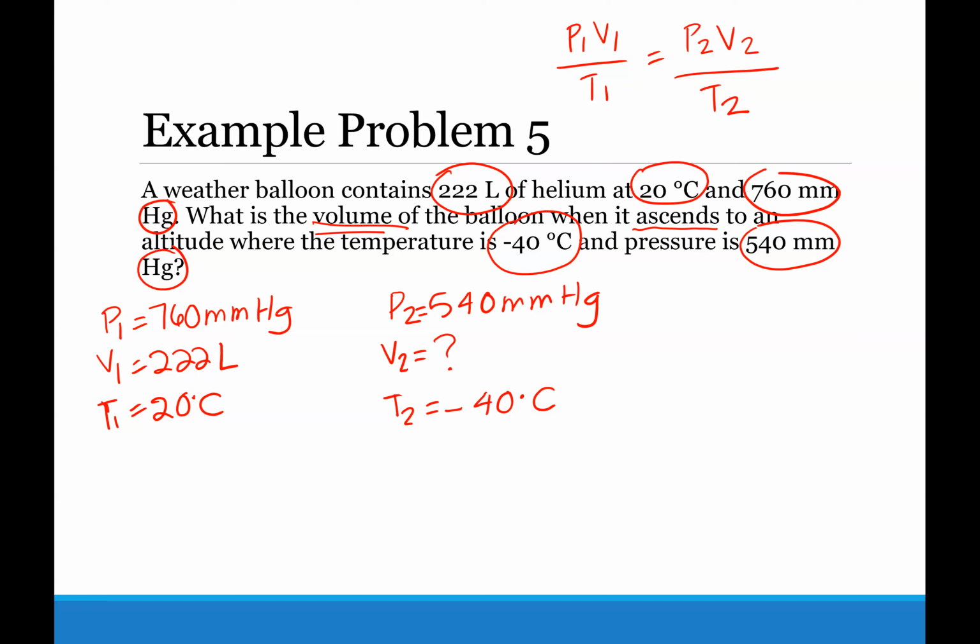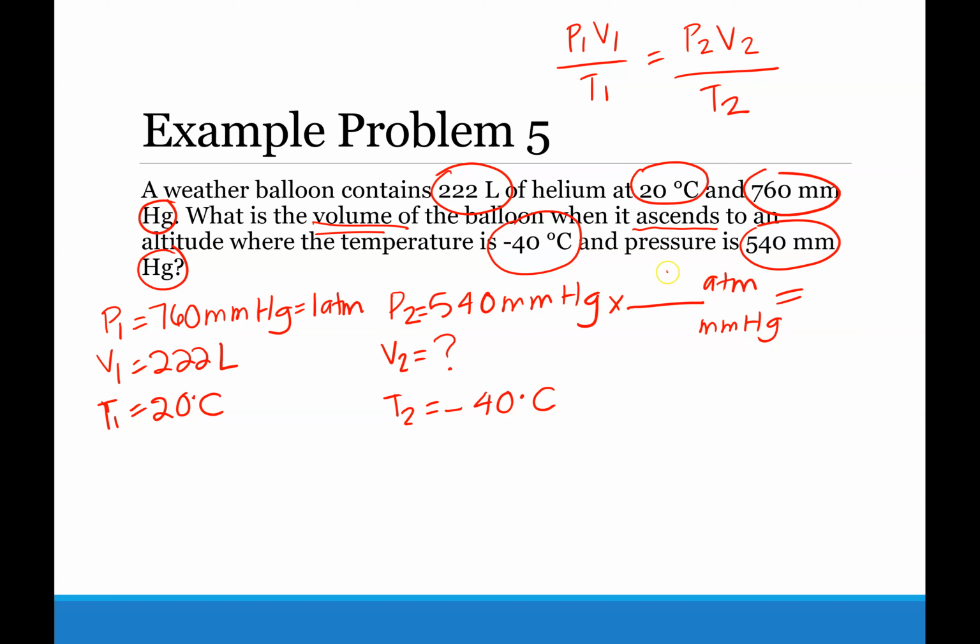So the first pressure we don't have to do anything with because the conversion factor from ATM to millimeters of mercury is that in 1 ATM, there is 760 millimeters of mercury. So there's nothing that we have to do there. We do have to do a conversion over here on the second pressure because it's 540 millimeters of mercury, not 760. So millimeters of mercury goes to the bottom and ATM goes to the top.